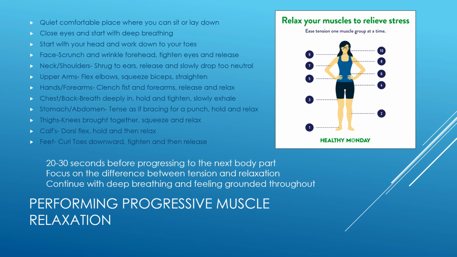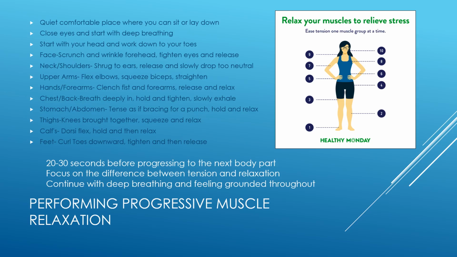Your upper arms: you want to flex your elbows, squeeze your biceps, and then slowly release and straighten. For your hands and forearms, you want to clench your fists, squeeze your forearms, release and relax. For your chest and back, you can breathe in deeply, hold, tighten, and then slowly exhale.